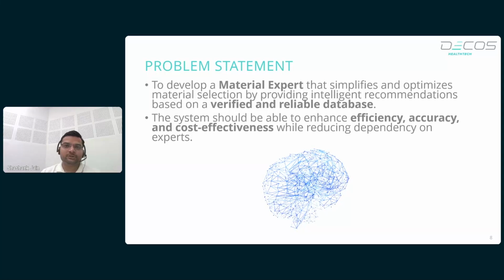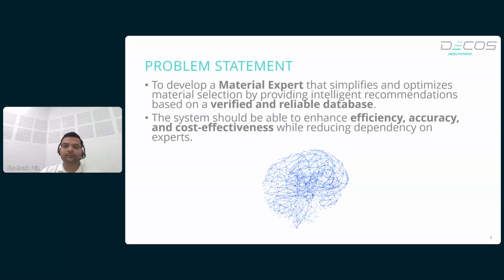But the information provided by the tool has to be verified and from a reliable database. And at the same time, once you develop this system, it enhances efficiency, accuracy, and cost effectiveness, right? While reducing the dependency on experts. So anybody who comes to MatBot and asks a question about material selection will get an answer, irrespective of their domain or knowledge base.